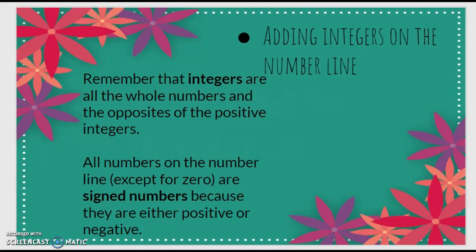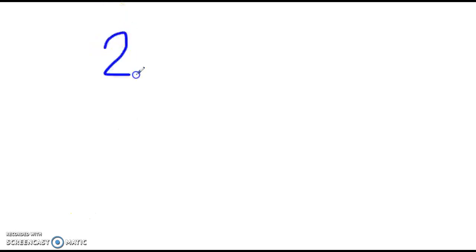You might be thinking, that's not true. A lot of numbers don't have a sign in front of them. When there is no sign in front of the number, other than 0, there is an invisible positive sign. If there's a negative sign in front of it, that is how we know it's a negative number.